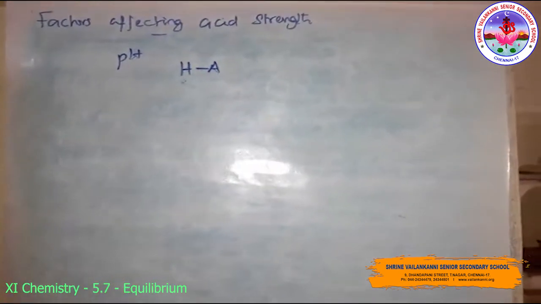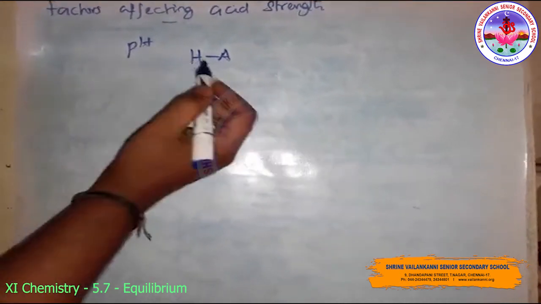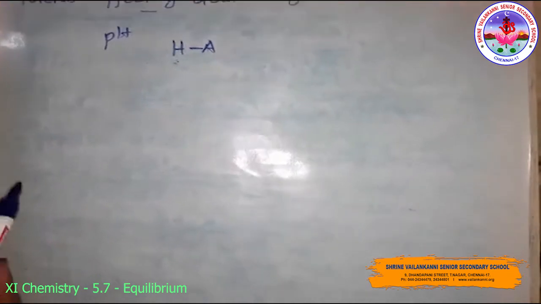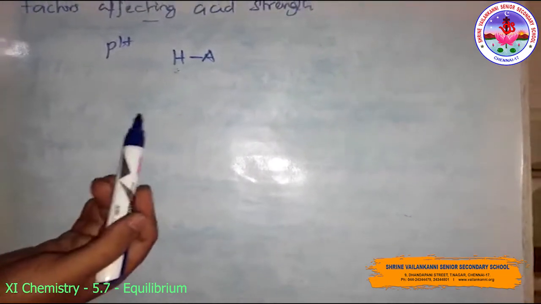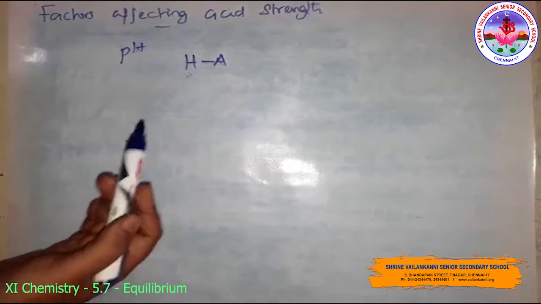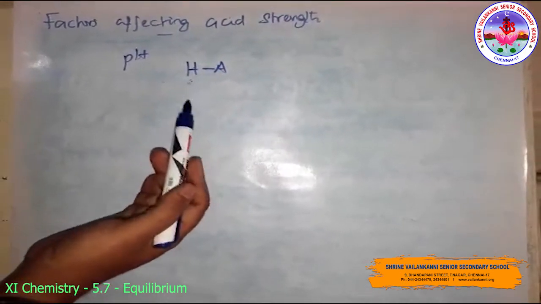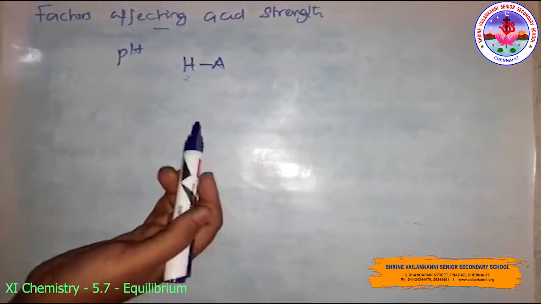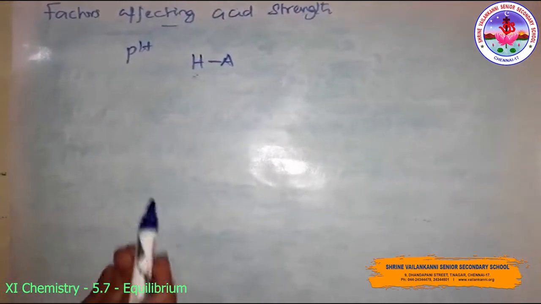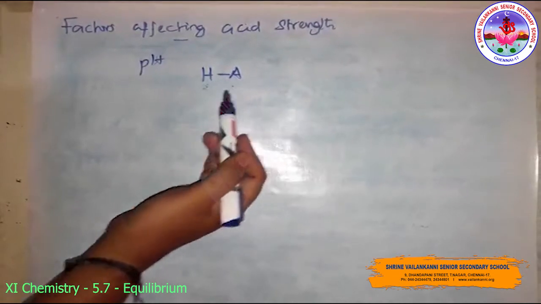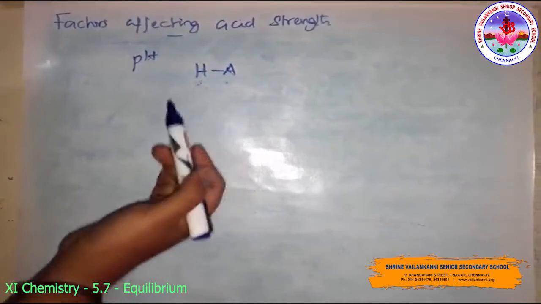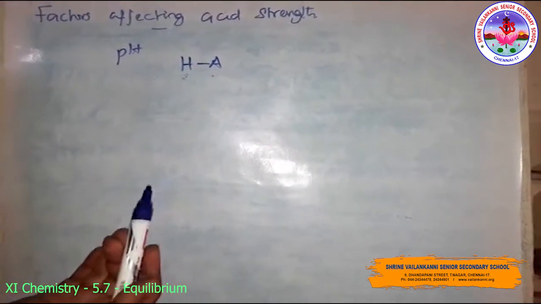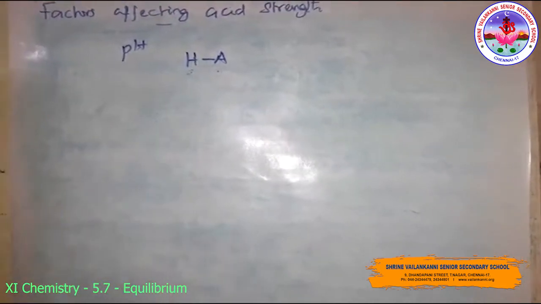In general, when the strength of the HA bond decreases, that is, the energy required to break the bond decreases, HA becomes a stronger acid. Also, when the HA bond becomes more polar, that is, the electronegativity difference between the atoms H and A increases, with a marked separation of charge, cleavage of the bond becomes easier, increasing the acidity.